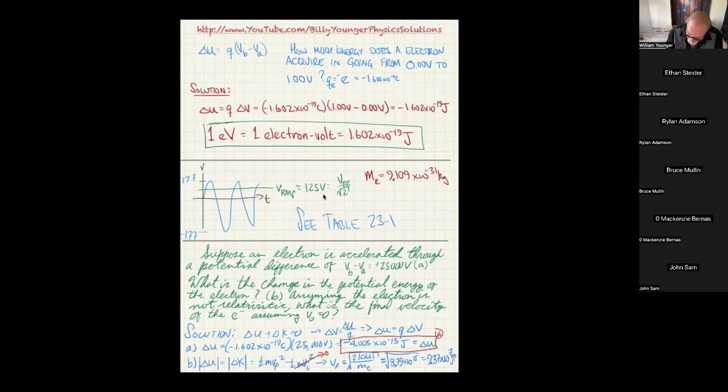So at least it didn't exceed the speed of light, but it was certainly close to it. And it's certainly not correct to use that formula for the kinetic energy, just because it's the non-relativistic formula. Anybody have any questions on that?